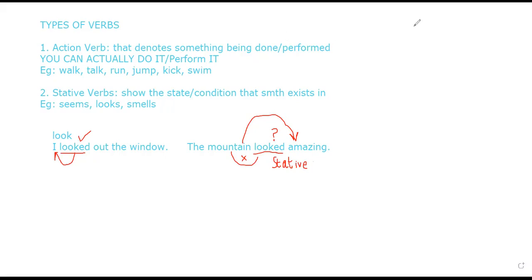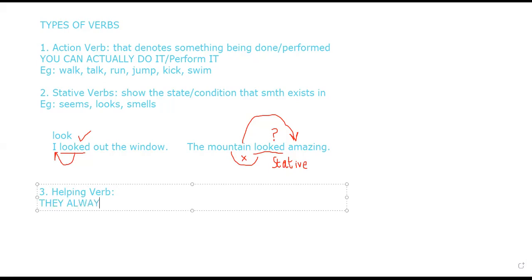Let us move on. The next type of verb we have is called your helping verb. So we have already discussed helping verbs while we were doing tenses. And what did we discuss about it? We discussed that helping verbs, now I'm going to write a hint over here.